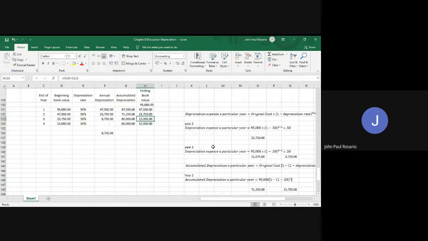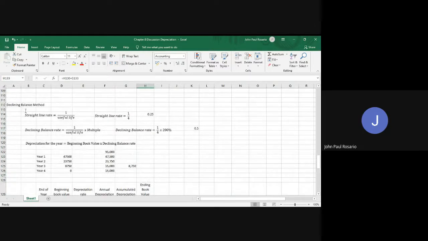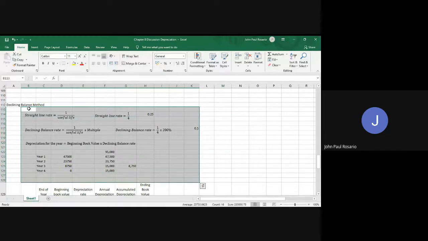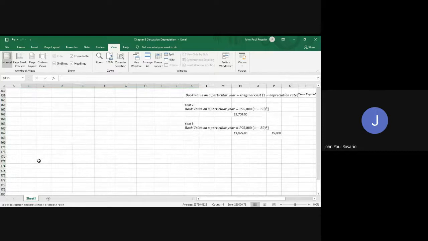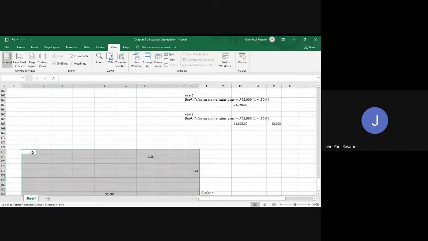Oh, not yet. Let's try the second one, which is the 150%. So, what if 150%? Let's copy this, just copy everything. Okay.